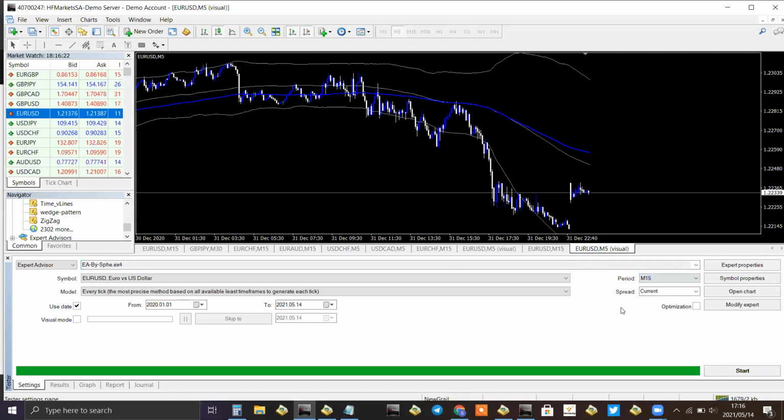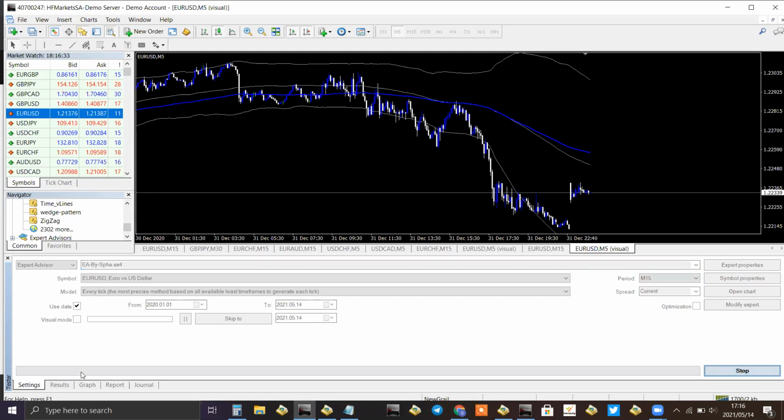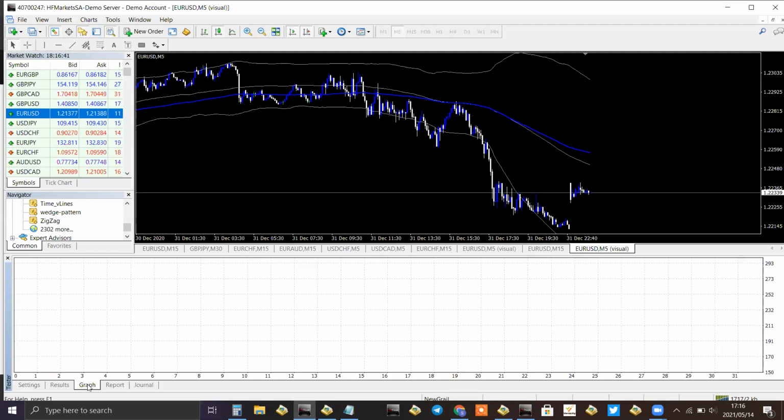We're starting this from 2020 all the way to today, which is the 14th. So I'm gonna run a back test and then maybe I'm just going to view the graph here as soon as it's done. Okay, I just open the graph here. It should start popping up here, up and down, and then we see how it performs from 2020 all the way to today.